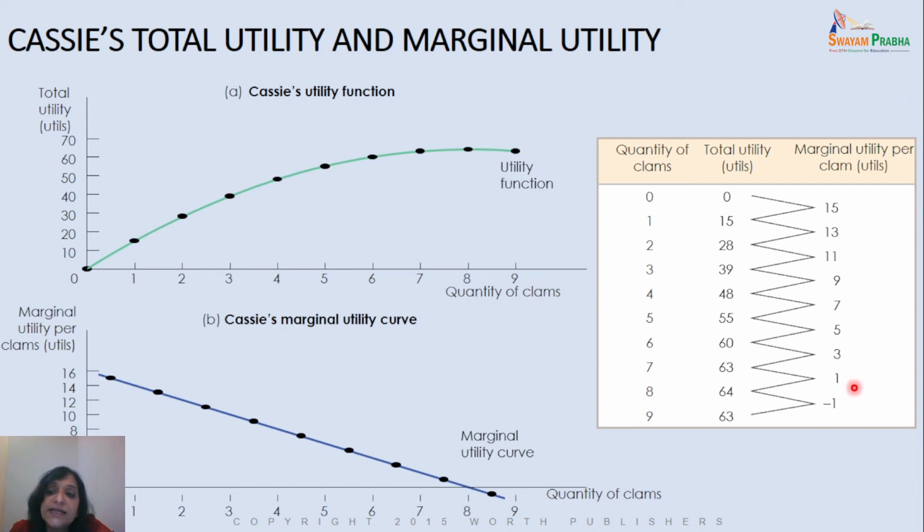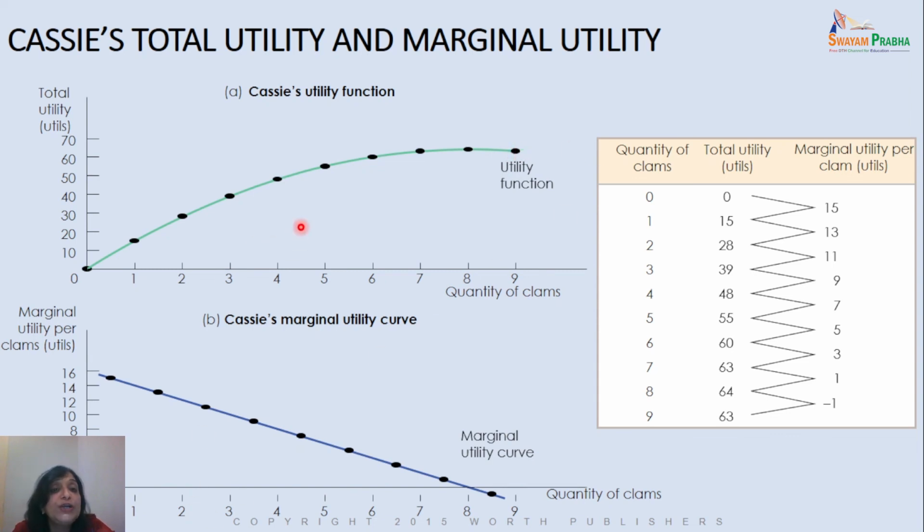It is declining from positive 15, 13, 11, 9, 7, 5, 3, 1 and it has become negative also when you move from 8 to 9. And when your marginal utility is negative, your total utility now has declined. So your total utility function has started falling.